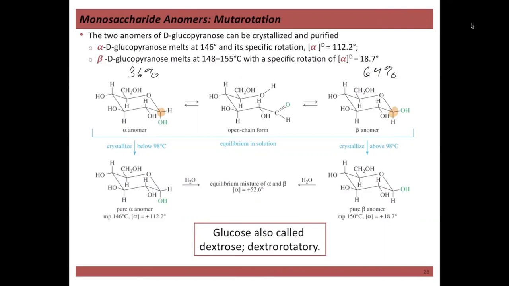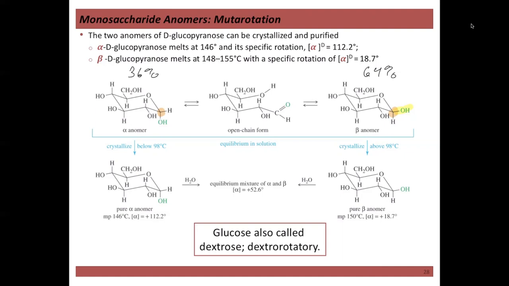And hopefully you're just screaming in anticipation, saying that, hey, glucose, when it is in the beta anomer, has all the groups equatorial, and we know that having the groups equatorial is more favorable. It's interesting that these anomers actually have different solubilities, so you can actually isolate pure anomers.